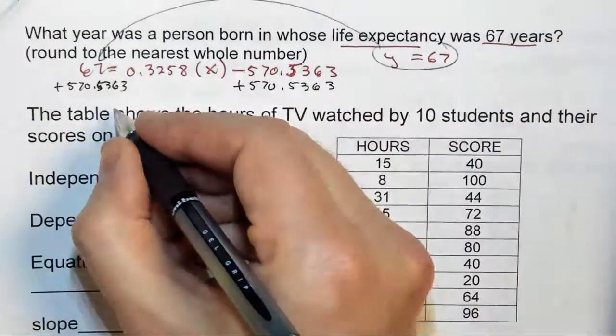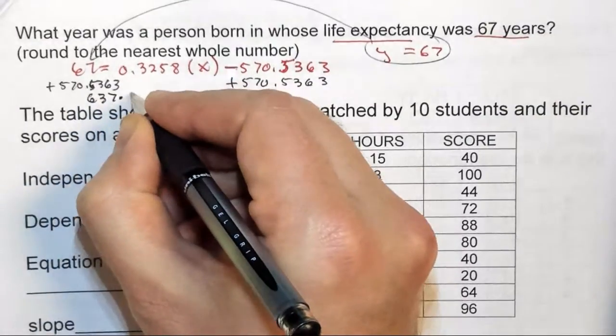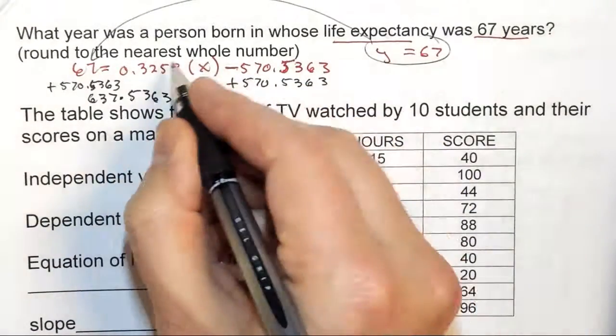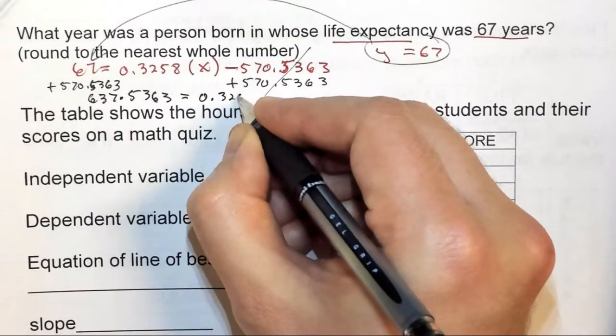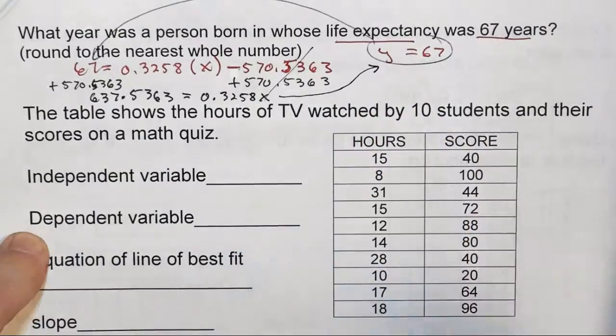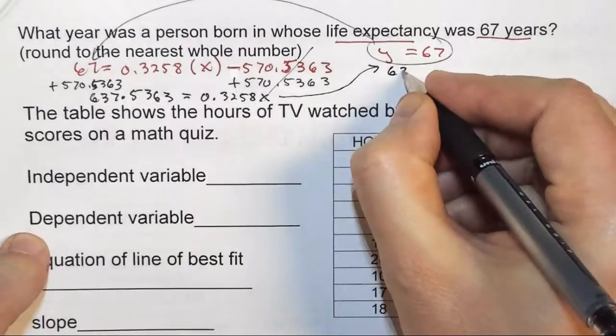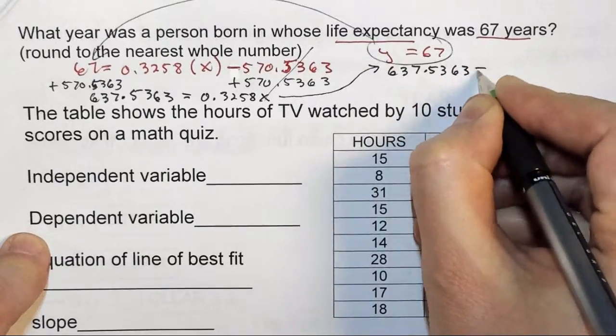I don't have enough space, so I can write it right here first. 637.5363 equals, we didn't do anything to this, did we? No. These canceled out. So we get 0.3258x. Now I don't have enough room to finish the problem, so I'm going to come over here. 637.53. All these decimals are wearing me down.